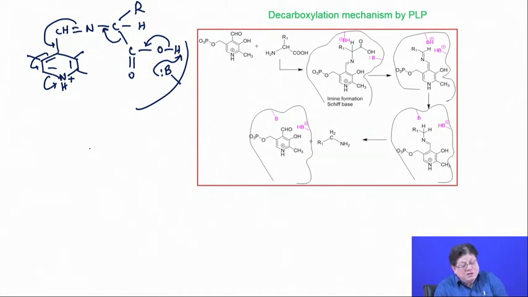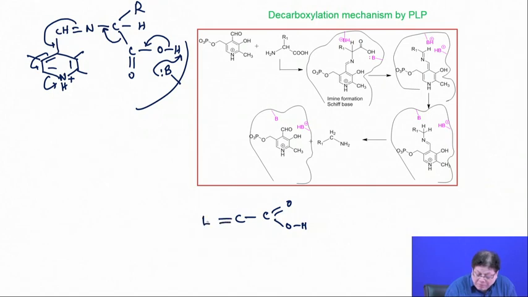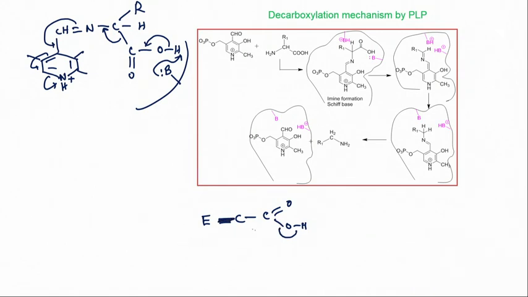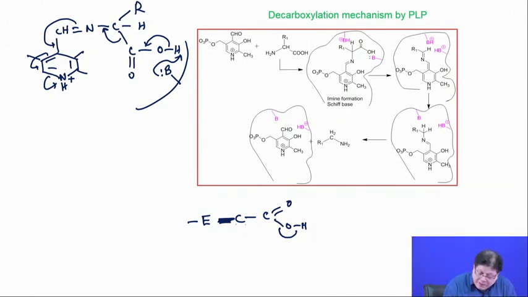This is as a result of the electron withdrawing power of this pyridoxal unit, because you know that any carboxylic acid, if it has an electron withdrawing group at this point, not here, sorry, then what happens, suppose I write this.